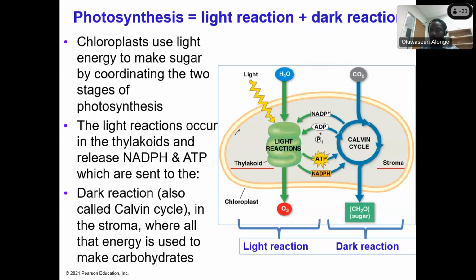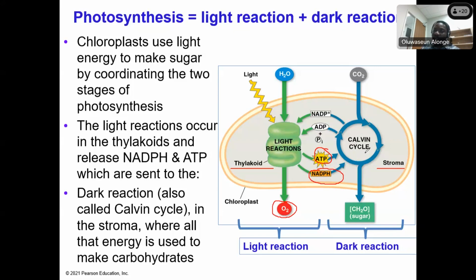The light reaction is going to generate ATP and NADPH, and also is going to release oxygen to the outside, which is a byproduct. This NADPH and ATP is going to be invested into the Calvin cycle so that it can power the process there.